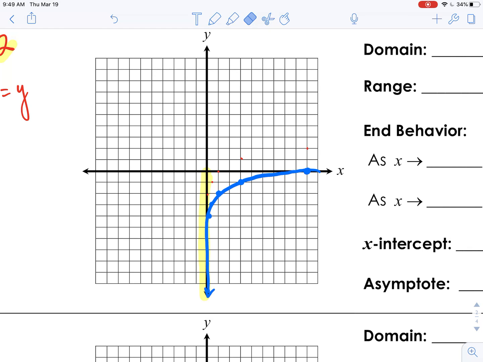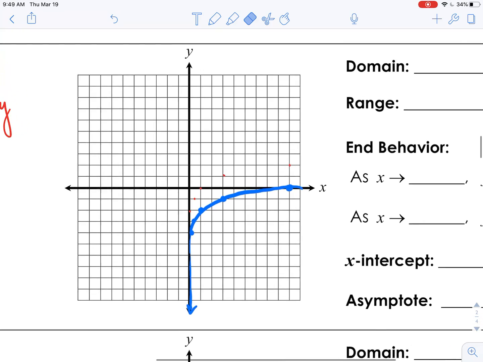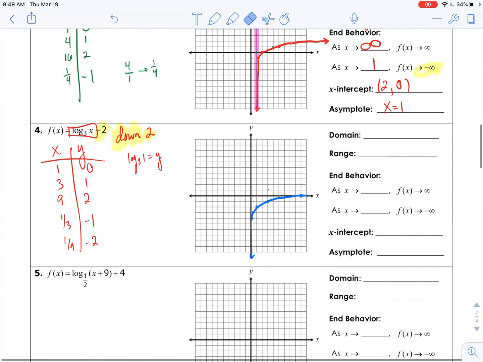Right here, you have to understand that it shouldn't really be touching the axis there, so let's make that a little bit better representation. Why did that not work? So let's kind of thin that out. There we go. All right, that's a little bit better representation.